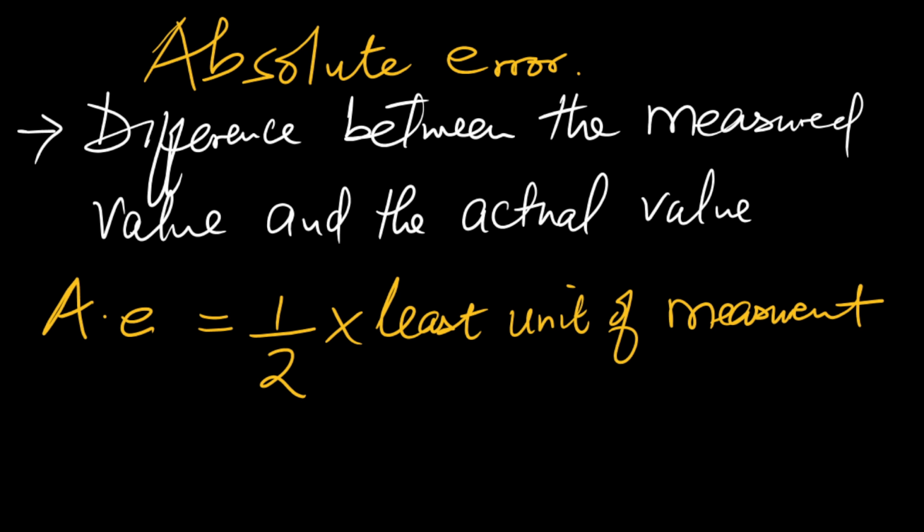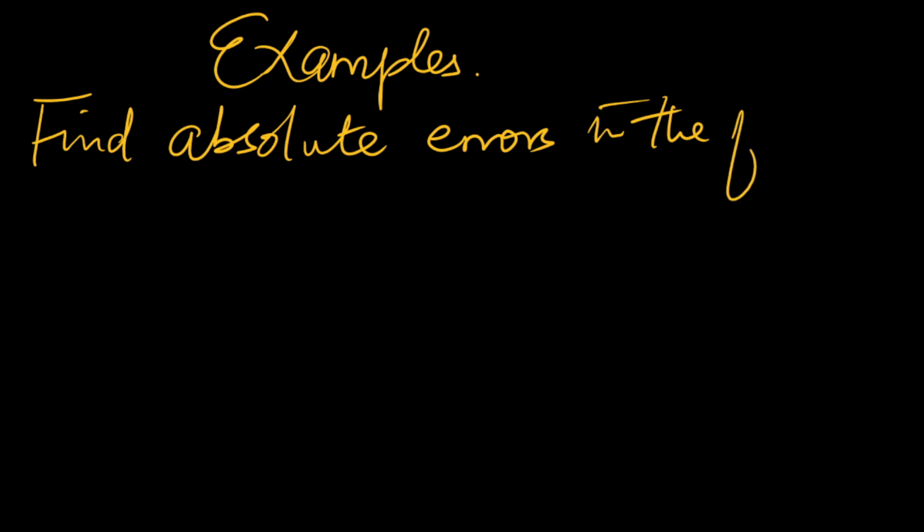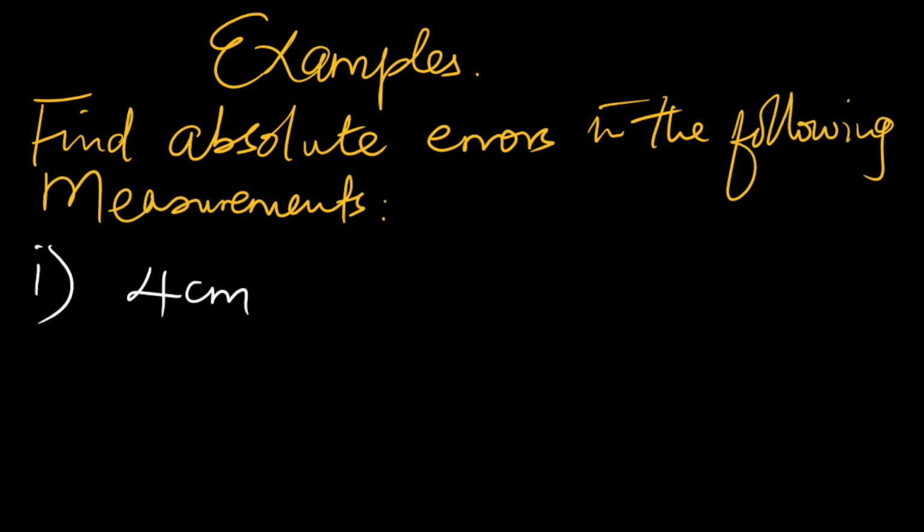Let's look at several examples so that you can understand. Find absolute errors in the following measurements. 1, 4 centimeters. To find the absolute error in 4 centimeters, we first get the least unit of measurement, which is 1 centimeter.